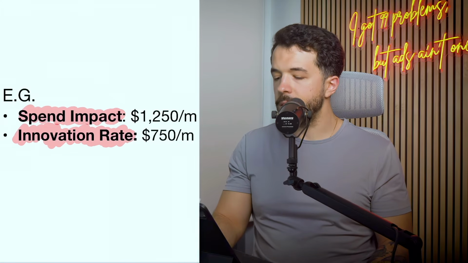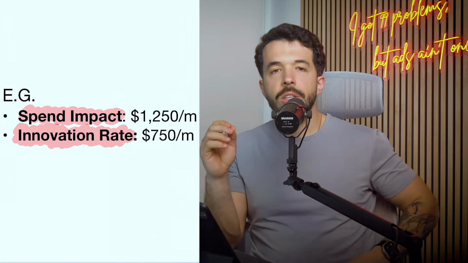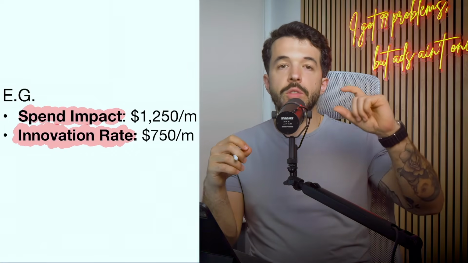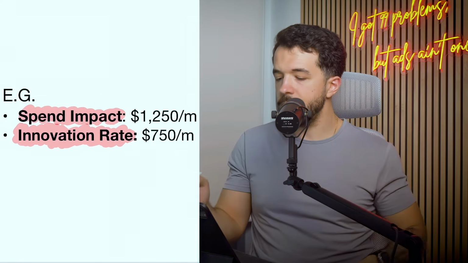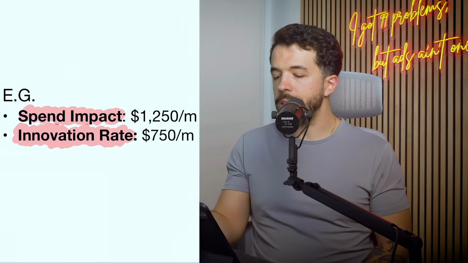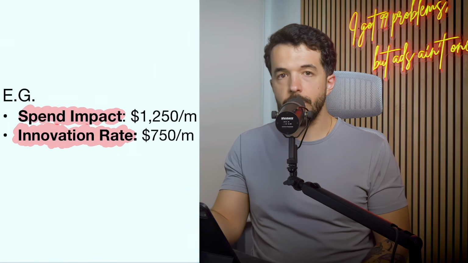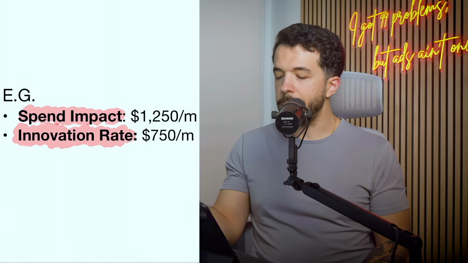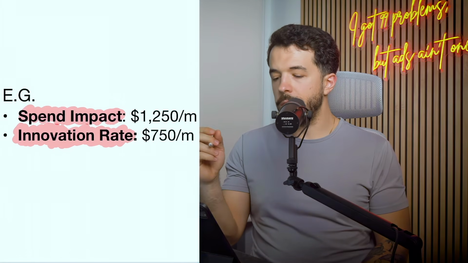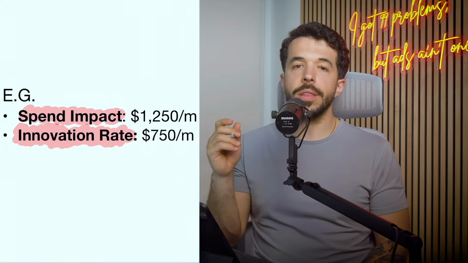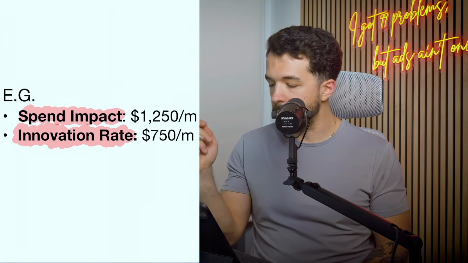Now, one thing that people tend to not consider is the fact that you can give different weights to the metrics. You can give different weights to the bonuses. So in this case, since we prioritize the spend impact over the innovation rate, the spend impact is gonna be worth $1,250 a month, whereas the innovation rate is going to be worth $750 per month.